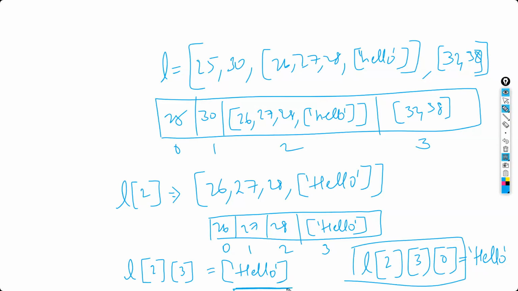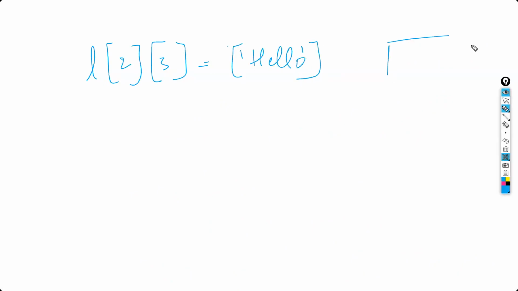List. In the list, how to extract a single item? First item. L of 2. Within that 3, what is the output you got? List of hello. How will this object be stored, guys? In the box, hello. And what is the index number of this? One item only. For example, in the list you are having 10.